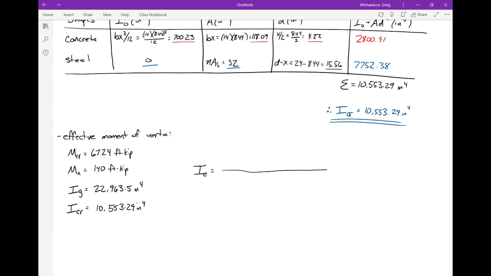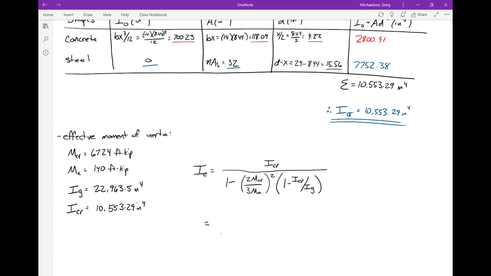The bottom of that fraction is 1 minus, then we have 2 MCR over 3 MA squared, and then 1 minus ICR over IG, and then on top we have ICR. That formula is taking a little bit of getting used to for me, because again, that formula is brand new. Last year it was a lot different. It was actually a little simpler last year. With the new code, the formula got a little more involved.